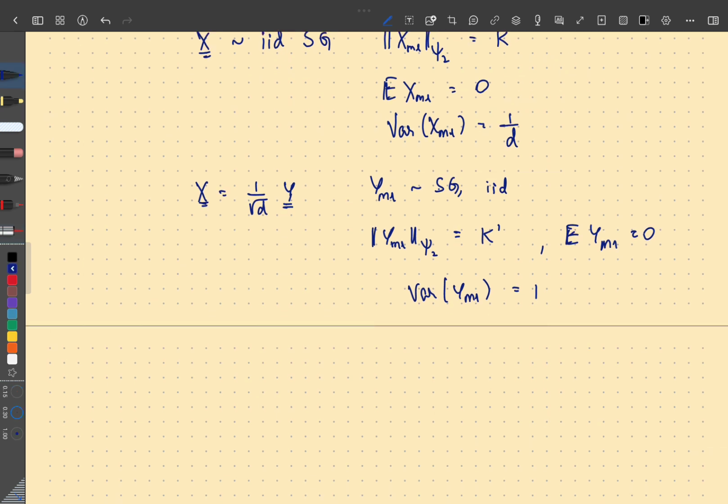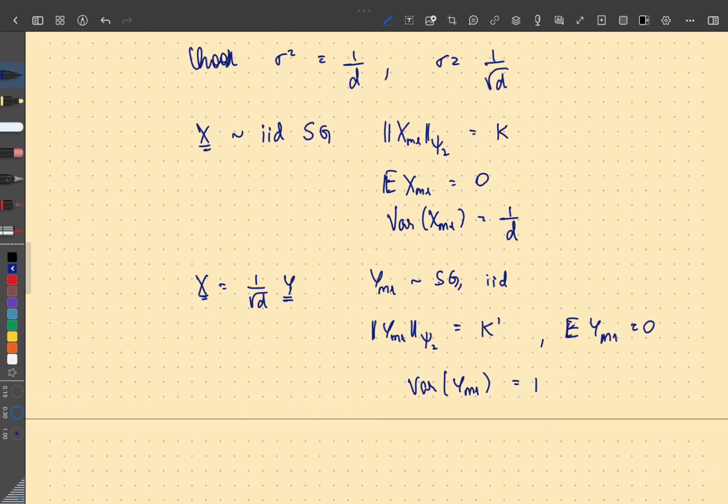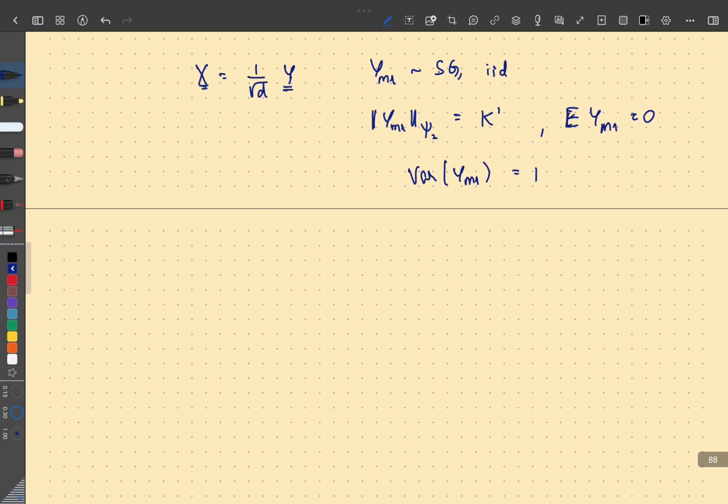Alright, so now given this, what we've just seen is that the expectation of the L2 norm square of 1 by root d times Y times ai minus 1 by root d times Y aj is equal to the norm of ai minus aj the whole square.